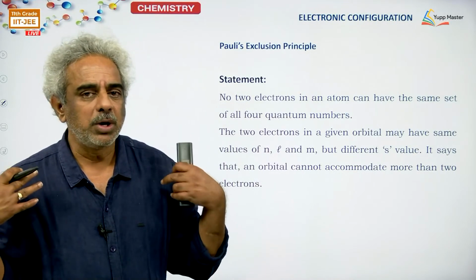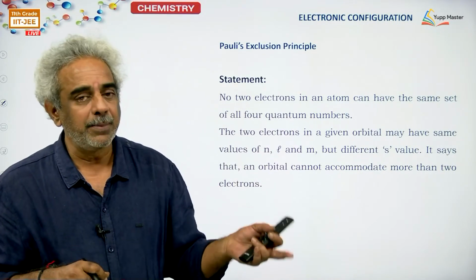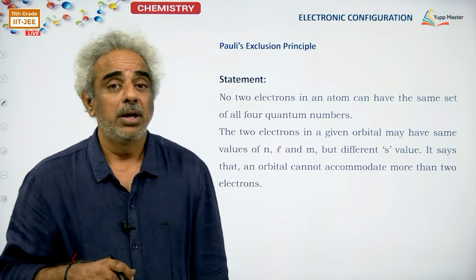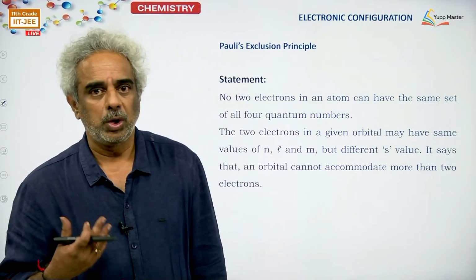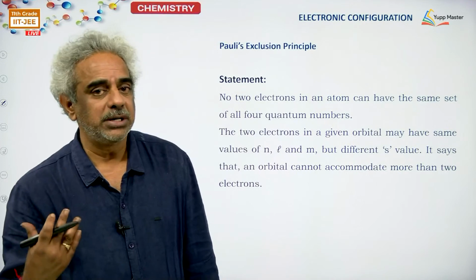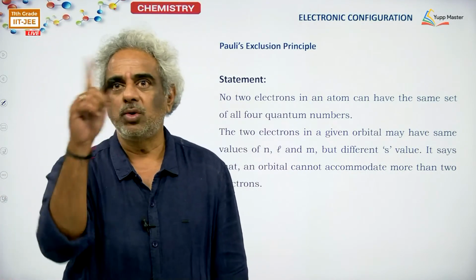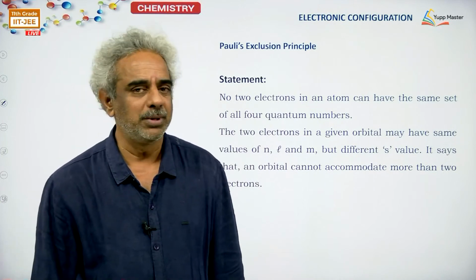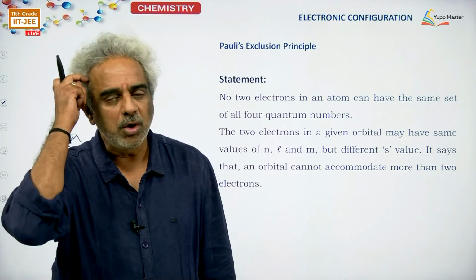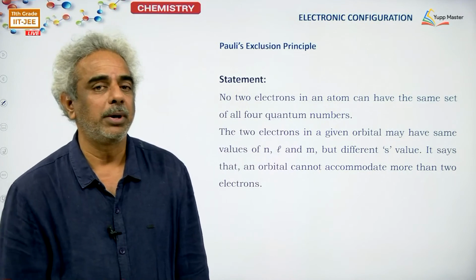So electron can have only one kind of spin state, and remaining n, l, m can never be duplicated. So every electron is designated with a unique set of quantum numbers. You cannot have 2 different electrons with the same quantum numbers. How can your house and the neighbor's house have the same phone number?